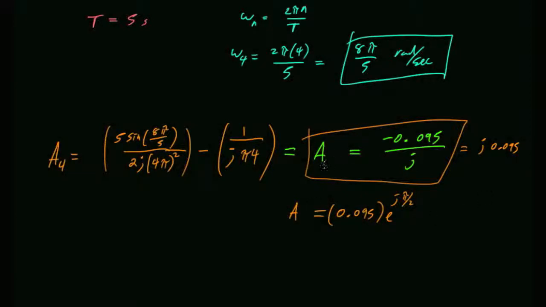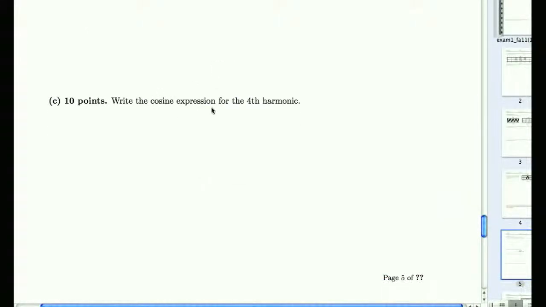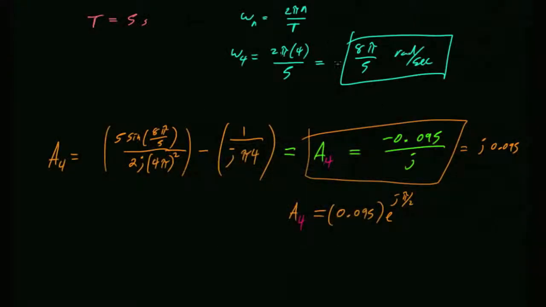And then in C, write the cosine expression for the fourth harmonic. Now look how easy. You've already got the frequency and you've already got the a sub n. So the cosine expression for the fourth harmonic is, as always, 2 times the absolute value, times cosine of the frequency of the fourth harmonic times t, plus the phase angle of the fourth harmonic.